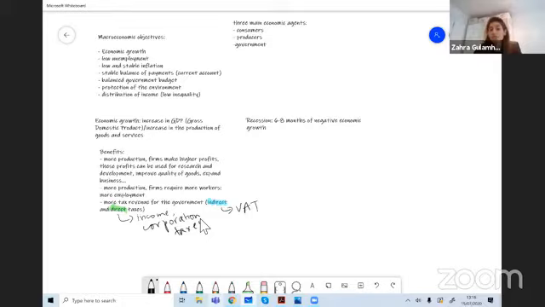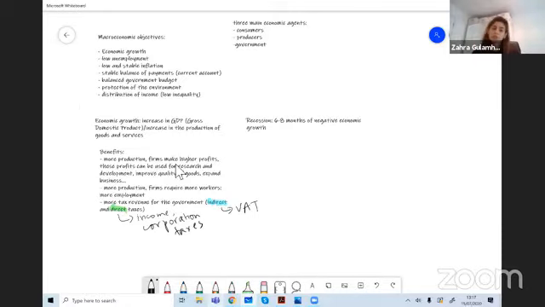So economic growth is good in that way because the government gets all this money from businesses, from workers, and through VAT. So all of that adds to the government's revenue, which is our 5th balanced government budget, which we're going to also be looking at. So that adds to it and improves it and helps you meet your macroeconomic objectives. Remember, these are the goals that a government always tries to achieve.